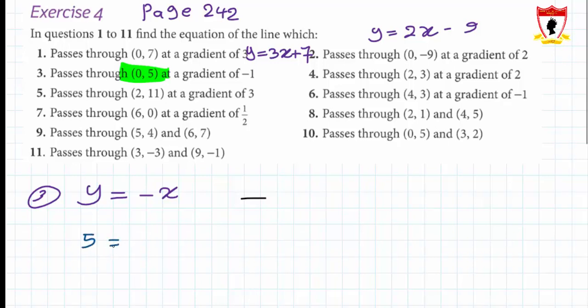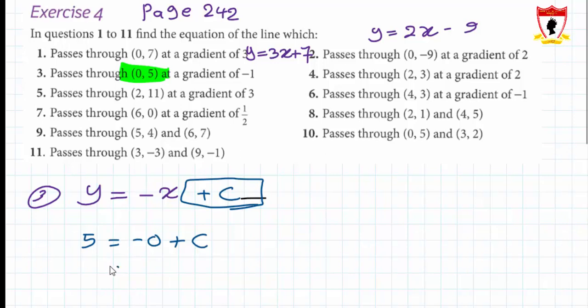So 5 is equal to negative 0 plus c. To get the value of what's missing in this linear equation, which is plus c, the constant, the number alone. Negative 0 is still 0, it has no sign.